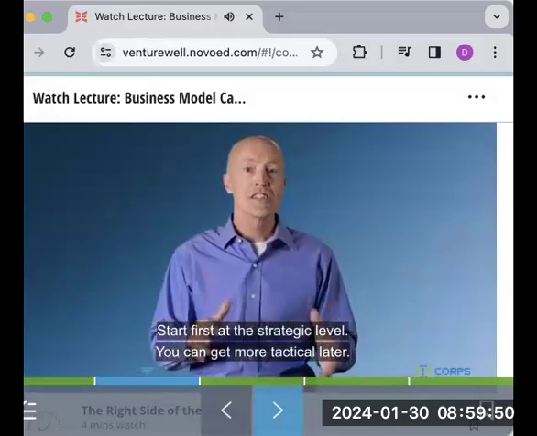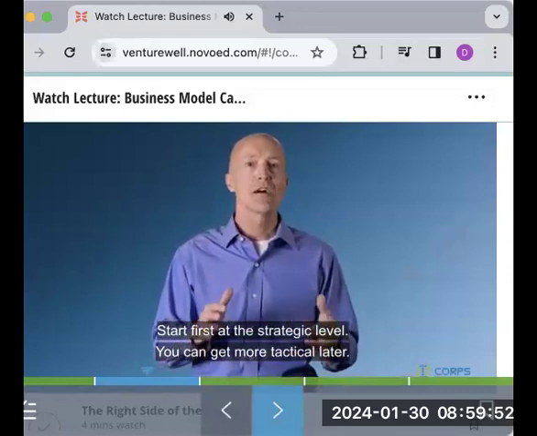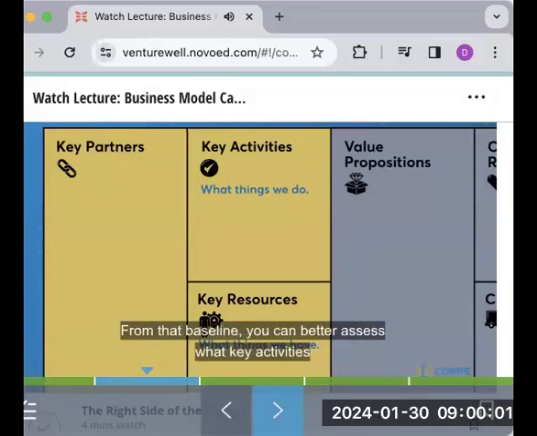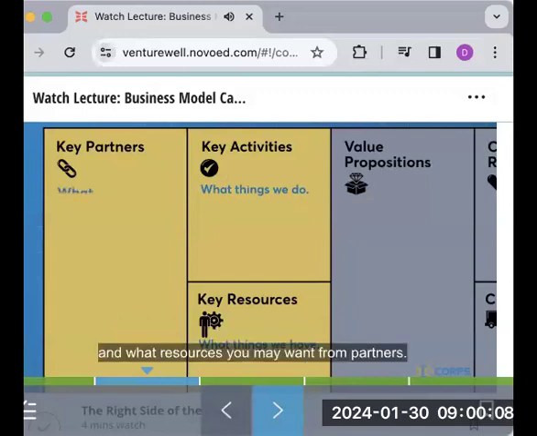Start first at the strategic level. You can get more tactical later. Think of key activities as the things we do and key resources as the things we have. From that baseline, you can better assess what key activities and what resources you may want from partners.